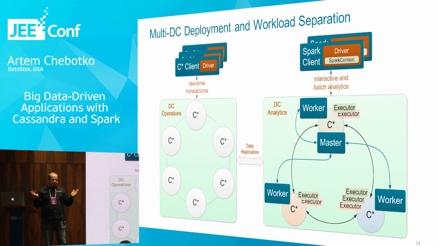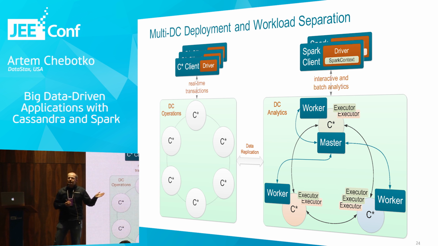Then you have to separate workloads by creating multiple data centers. Essentially you're going to have 2 data centers that can be either physical or logical data centers. One will have nodes that only run Cassandra, and they serve very fast real-time transactions. So it's an operational data center.